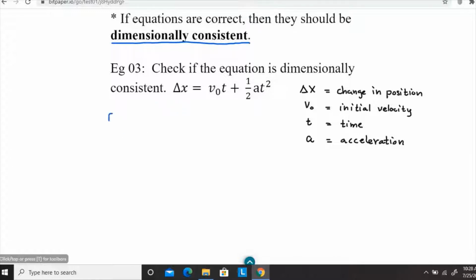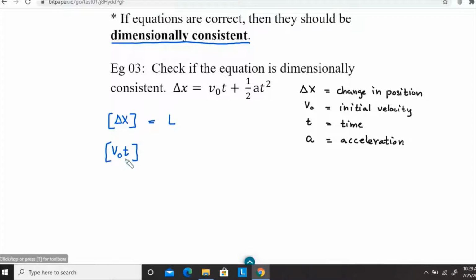Let's look at the dimensions of the first term, delta x, which is a change in position. As you know, a change in position is a distance, or in other words, length. So the dimensions would be L to the power 1, but I'm not going to write the exponent 1. I'll simply write L. The second term is v naught multiplied by t, that is time.